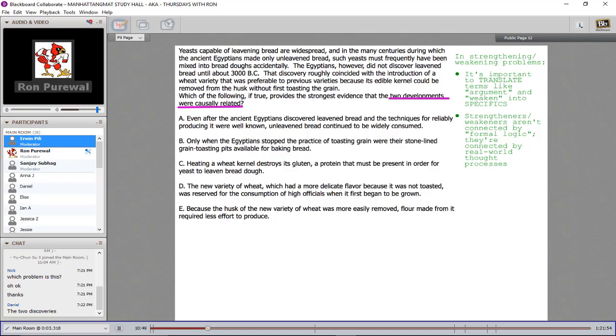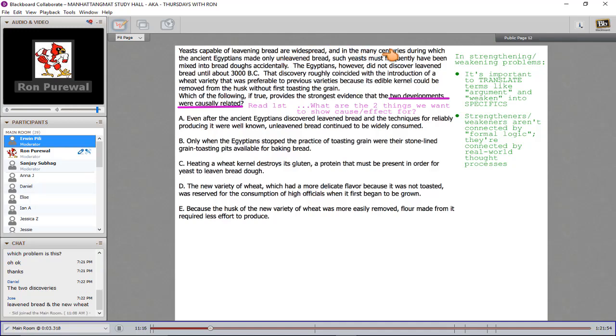So we want to show cause and effect between two things. So now we have to find those two things. What are the two things we want to show cause and effect for? So you go to the passage and figure that out, right?